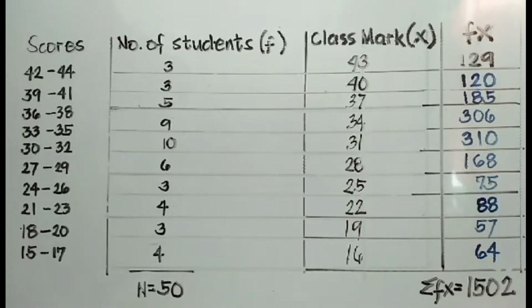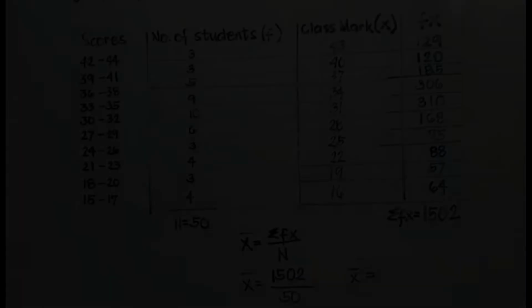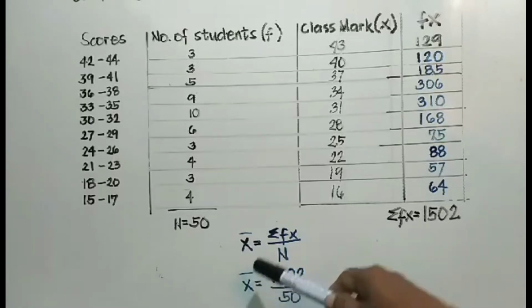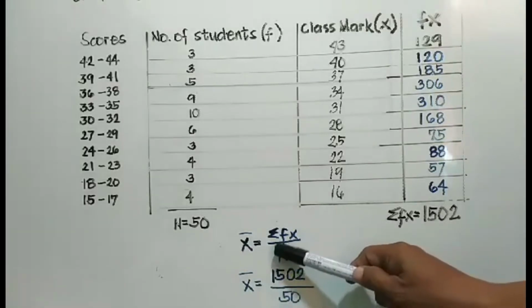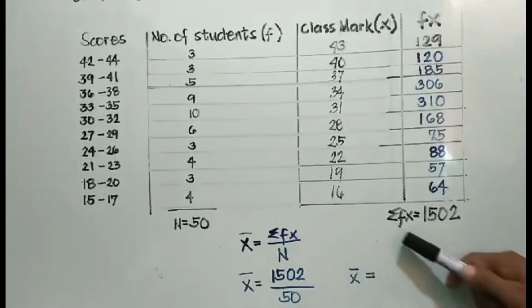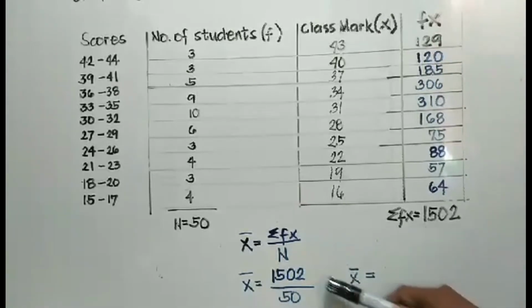Gagamitan na natin siya ng formula ng mean of group data. So, ano na ngayon ang formula natin uli? Sa mean of group data, we have x bar equals the summation of fx over n. Ang nakuha nating summation of fx ay 1,502.